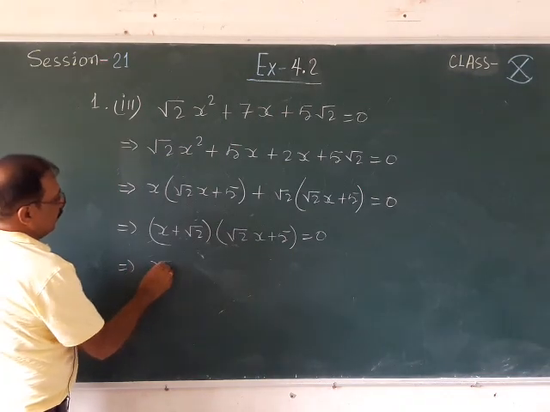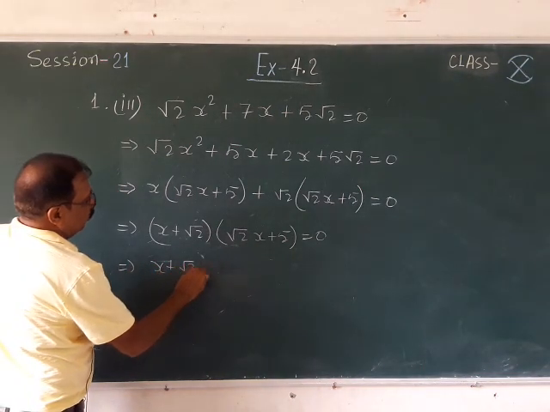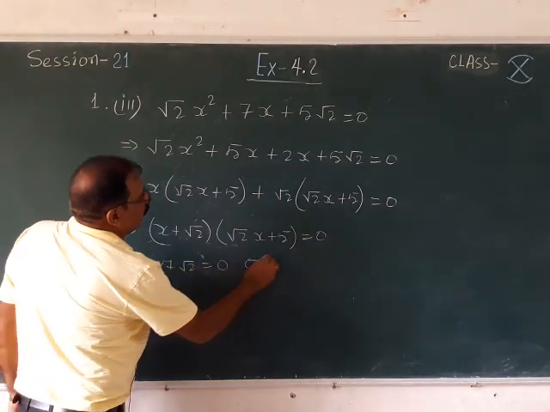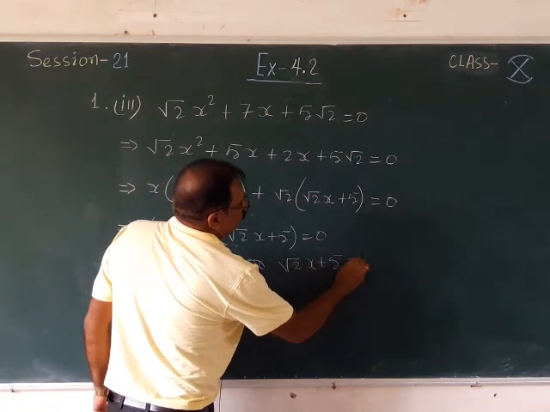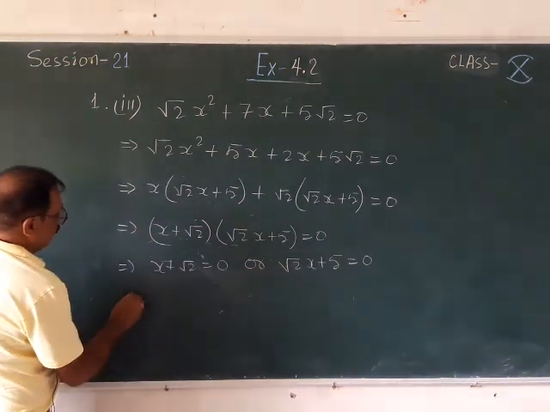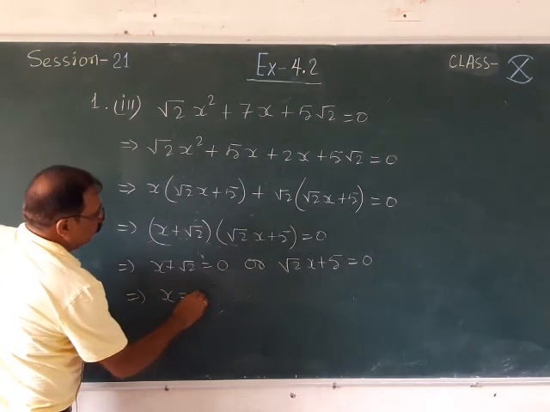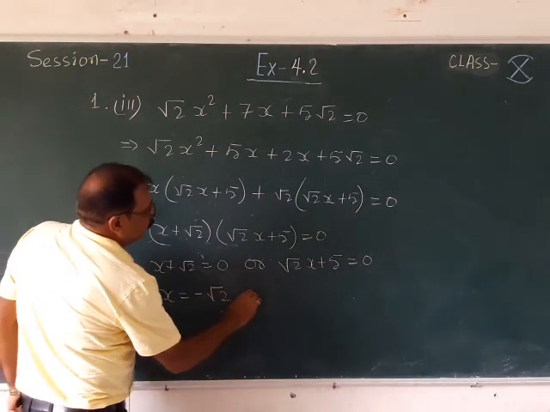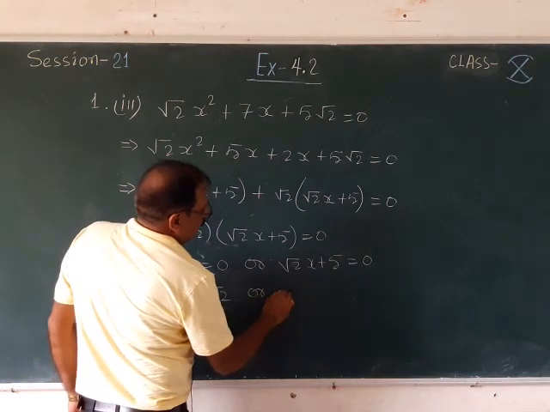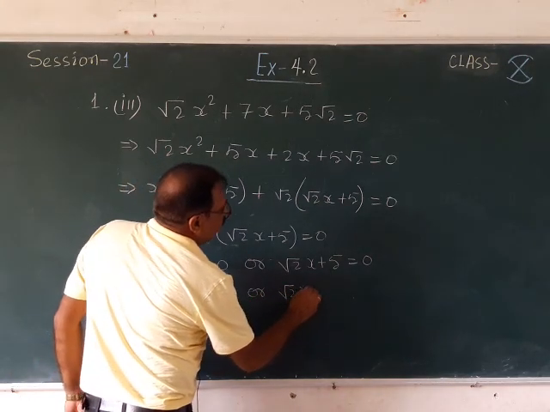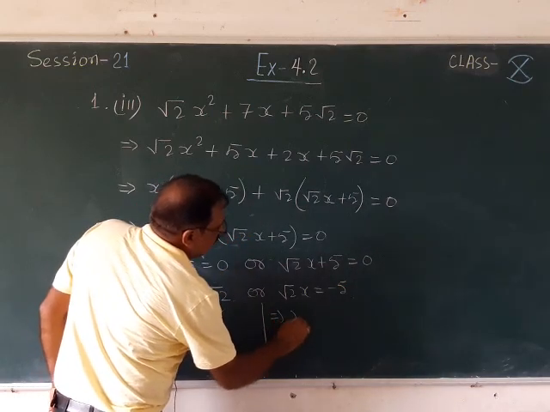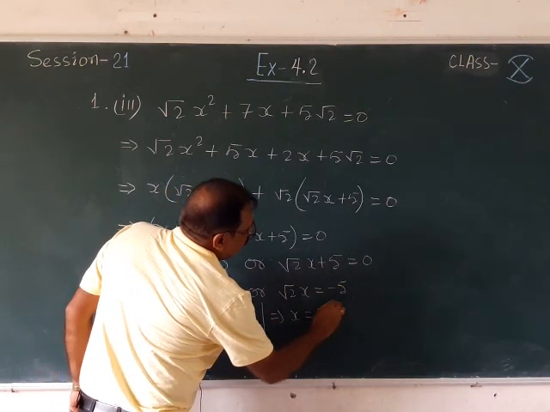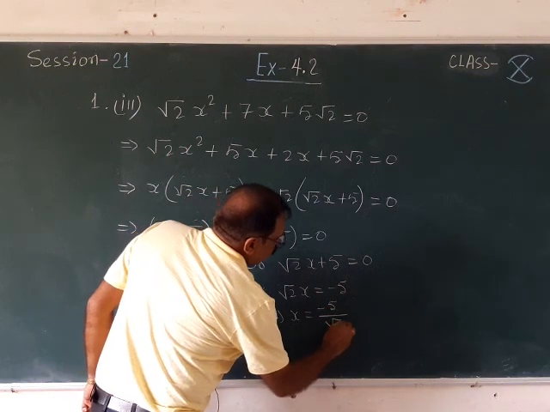Further, you can write x plus root 2 equal to 0, or root 2x plus 5 equal to 0. Further, you can write x equal to minus root 2, or root 2x equal to minus 5, that means x equal to minus 5 upon root 2.